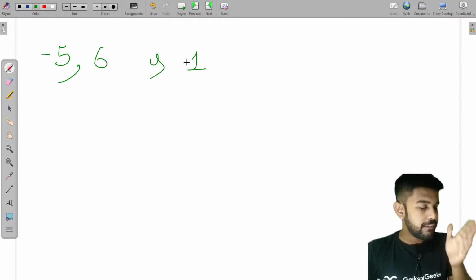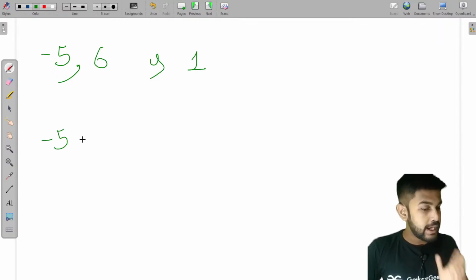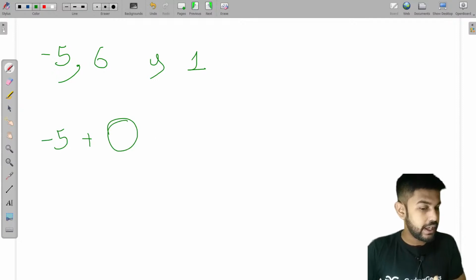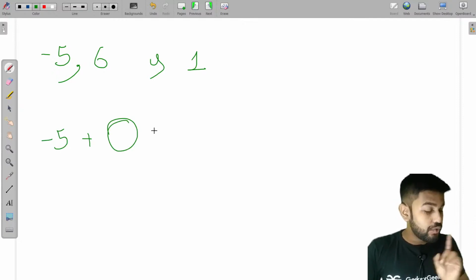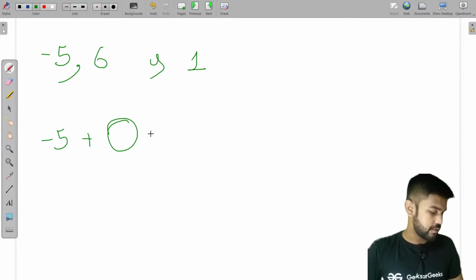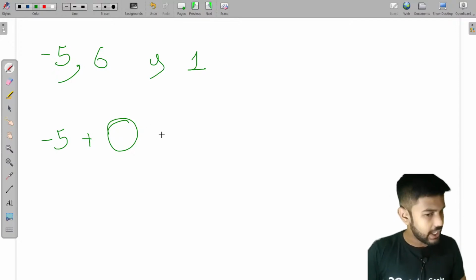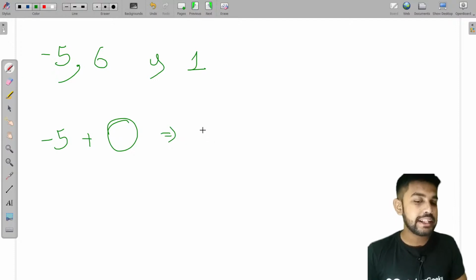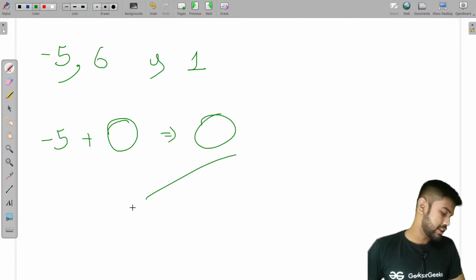So if we add minus 5 plus whatever number here which is greater than or equal to 6, the value would be absolutely greater than 1, not less than 1. That is the thing that tells us that we need to sort the array.